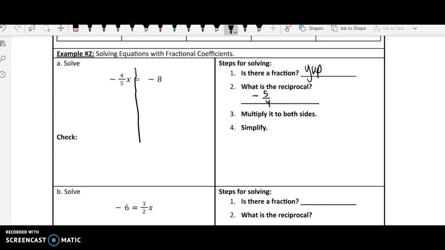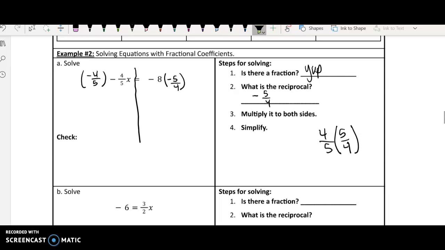So we're going to draw our line down the equal sign. We need to multiply by our reciprocal, and I'll show you off to the side why that matters. So I'm going to multiply by negative 5 over 4. And the reason for that is, and I'm just going to do positives on this side, but if I had 4/5, the reciprocal is 5/4, sorry.